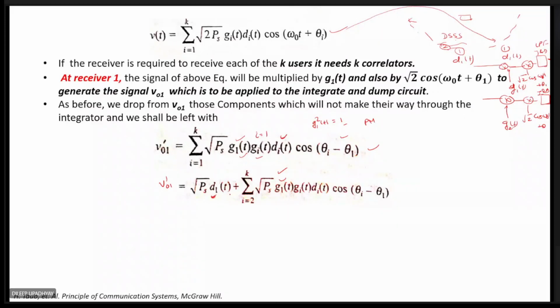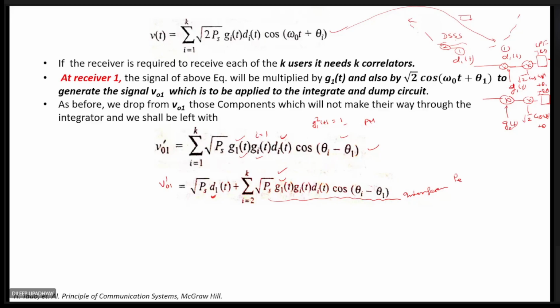This is related to the information signal transmitted at transmitter 1, whereas the other signals will act as interference. If there is some chance of error, that error may occur only because of these signals, and the probability of error we can calculate considering these signals.